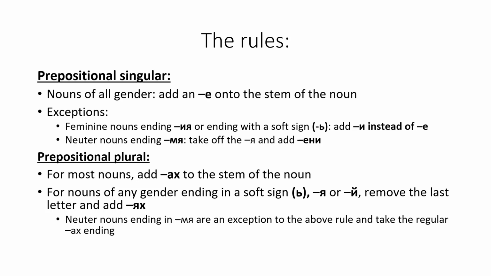And then any noun with a softer ending of any gender, so if it ends with a soft sign or with a ya or with an i kratkaya, then you just take off that last letter and add yach. So no matter what the gender is, just remember if it has a soft sign, it will probably go to yach. And the exception to that is neuter nouns, which actually end in ach, even though they had a soft sign in the singular.